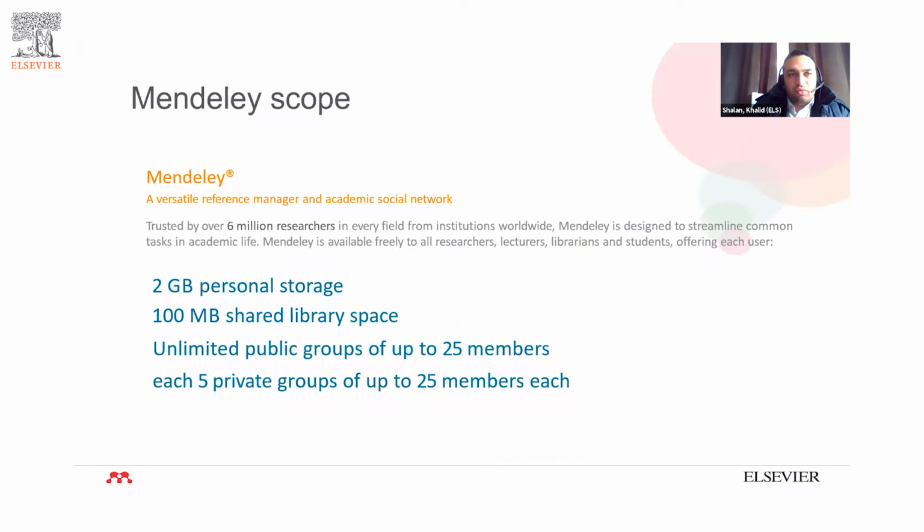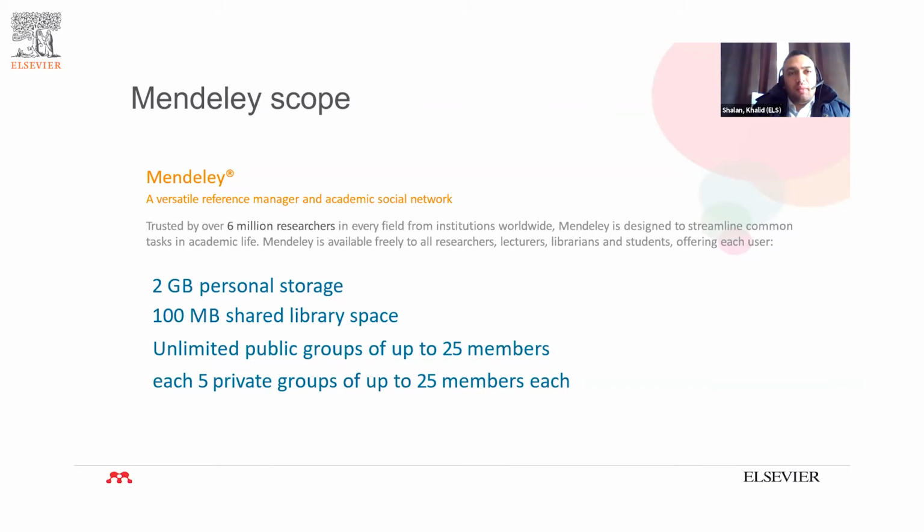Papers are usually not that big, so that really gives you a lot of room to share papers, and it should cover more than needed for any paper, thesis or funded project that you're working on.